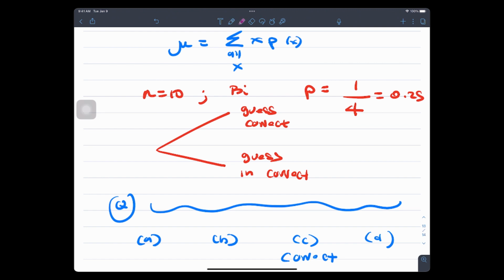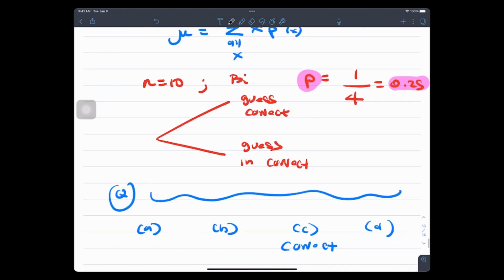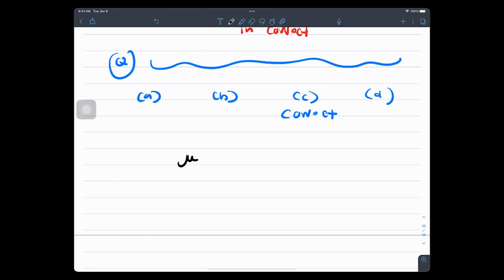This is little p, the probability of success for your single trial. What does that have to do with our mean? What's the mean formula? It was np. So 10 times 0.25. What's 10 times 0.25? It's 2.5.